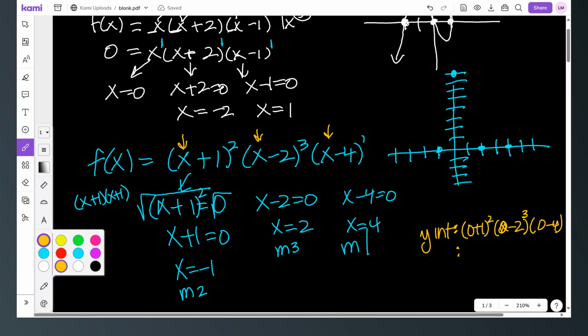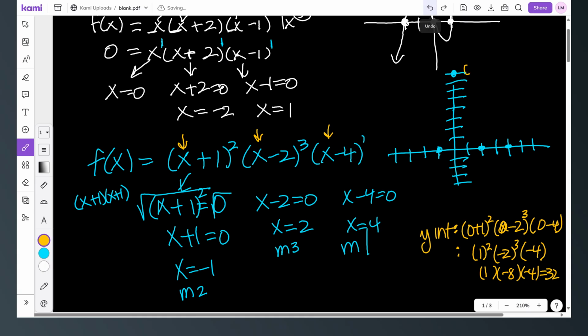So that leaves me 1 squared, -2 cubed, and -4. So that's 1, -2 to the third is -8. -4, so +32. All right, so this is 32. We're counting by 4s, we'll say. So this is 0, 32. So that's going to be way up there on my graph. This is -1, 2, and 4.